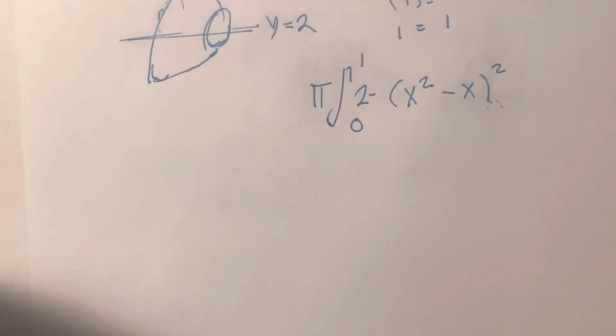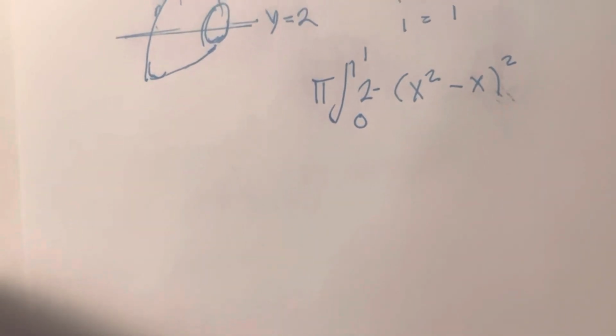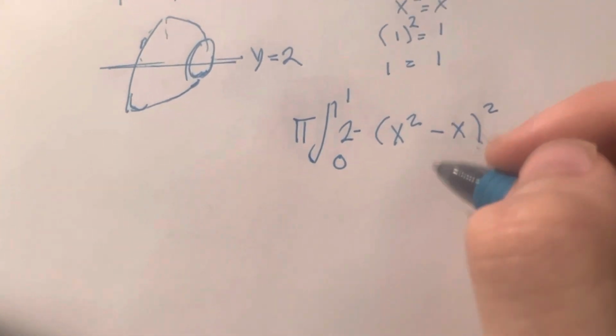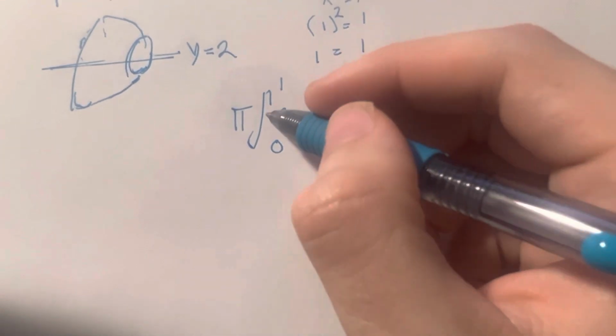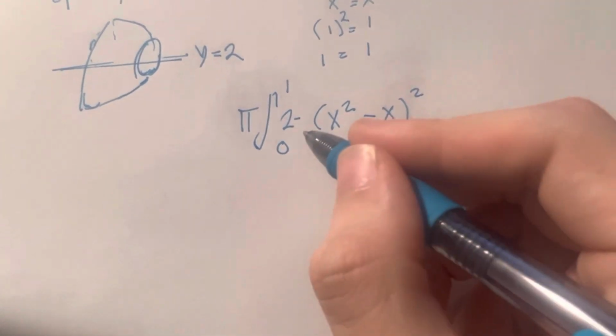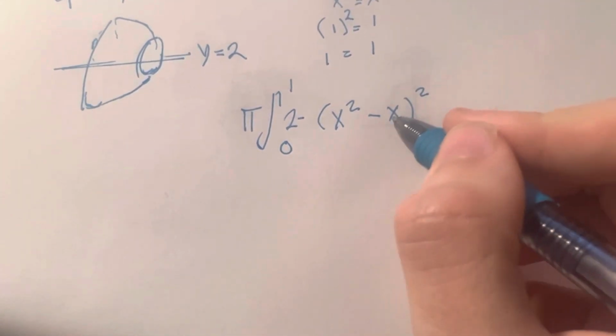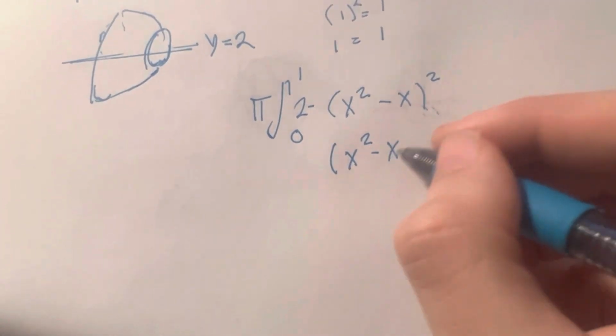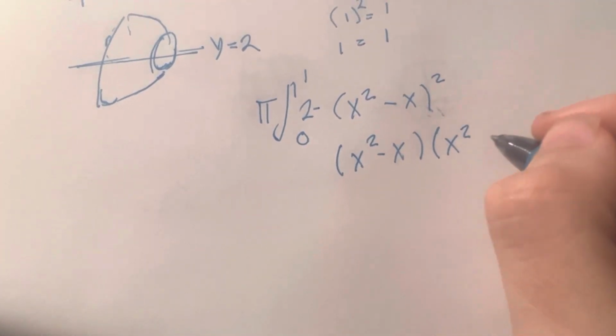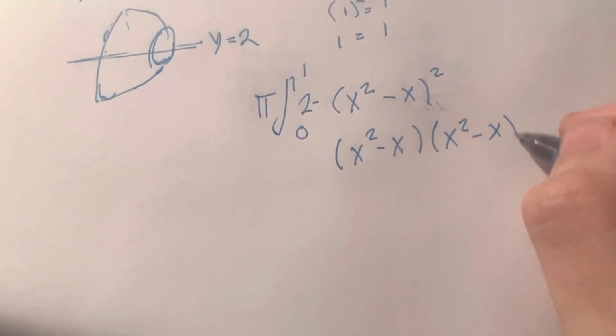Now, solving for this integral, we would take the difference of squares and factor it out as x squared minus x times x squared minus x.